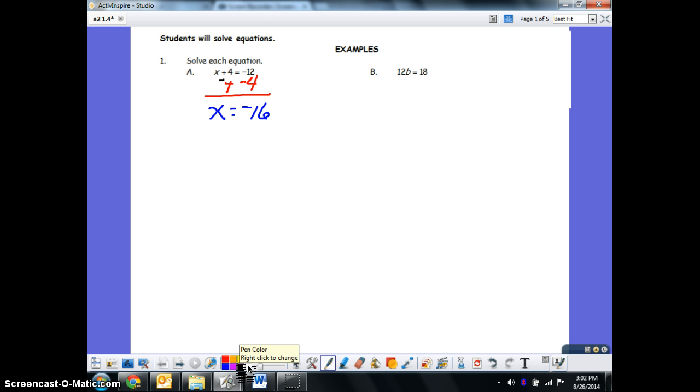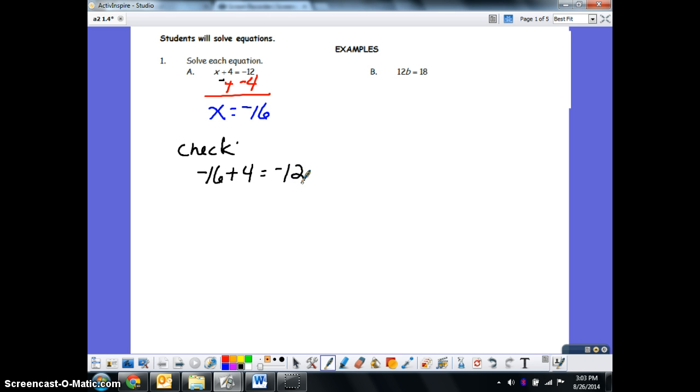Now, there is no reason to get any of these wrong because we can always check our answer by substituting the solution we got in for the variable anytime it occurs.